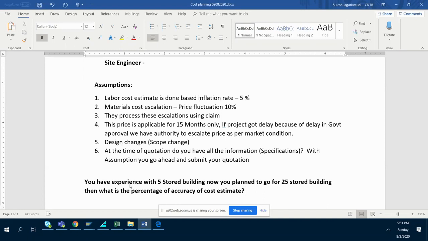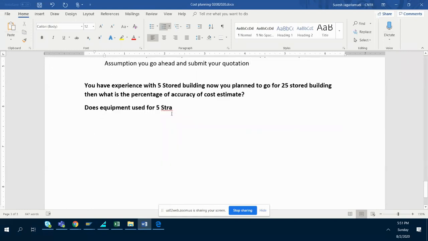Correct. In that case, is the equipment you used for the 5-story building enough for a 25-story building? First of all, let us try to understand what is going to vary. Is it enough?